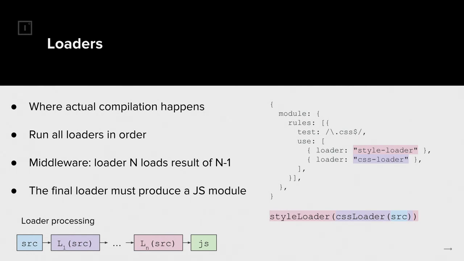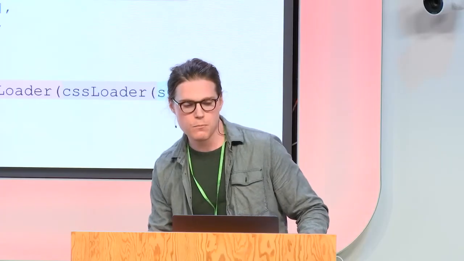So you can think of this as function composition, where the last loader specified is passed the source of the module, and the final loader specified needs to produce our JavaScript module. So it's like middleware. Each one of these loaders has an opportunity to do some kind of transformation of the source. We can implement pre-processing in a loader. We can implement any kind of compilation we want, as long as that final loader produces a JavaScript module.